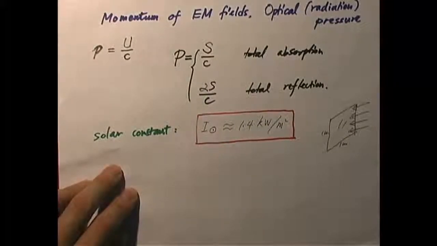In other words, it will intercept about 1,400 joules per second over just a 1 meter by 1 meter window.